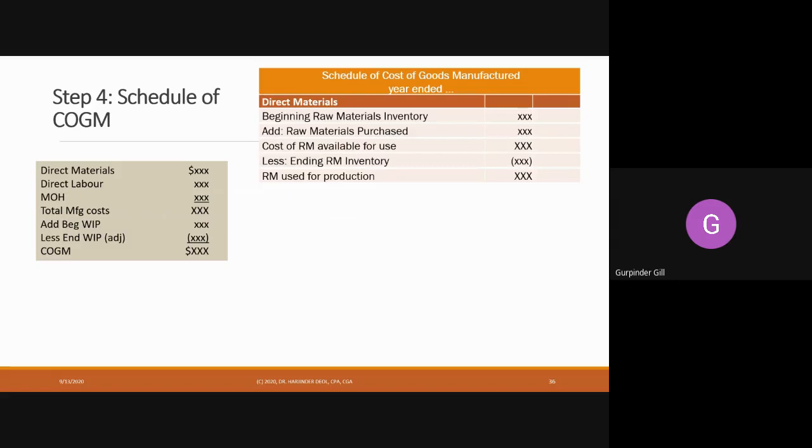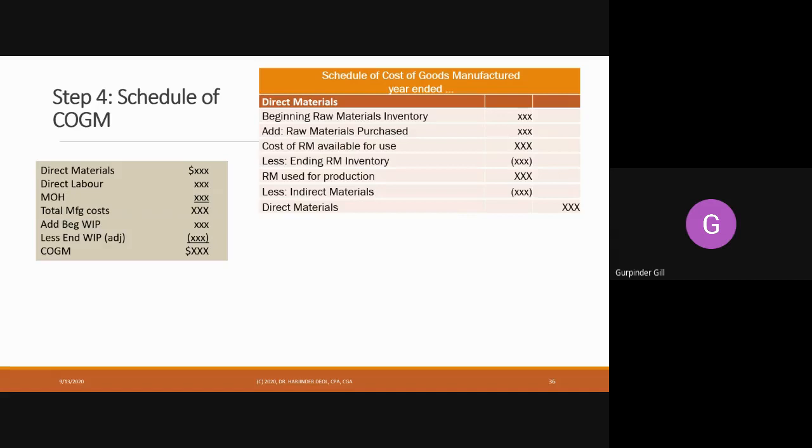Now that is your total raw material used in production, but we only need the direct. So we are going to deduct the indirect material here to determine what was your total direct material used. So the only new thing you're seeing here in comparison to your cost of goods manufactured from the prior lesson is the adjustment for indirect material.